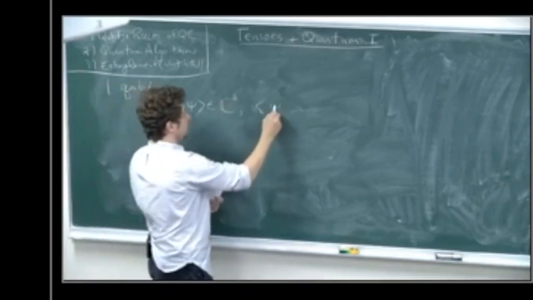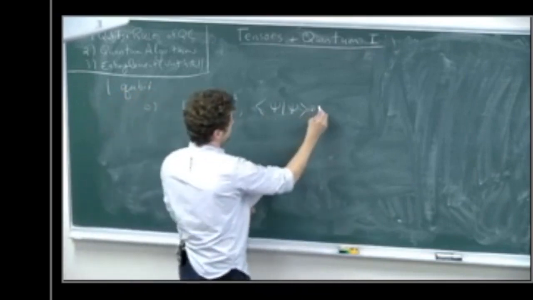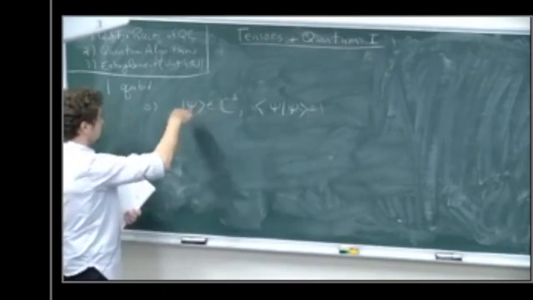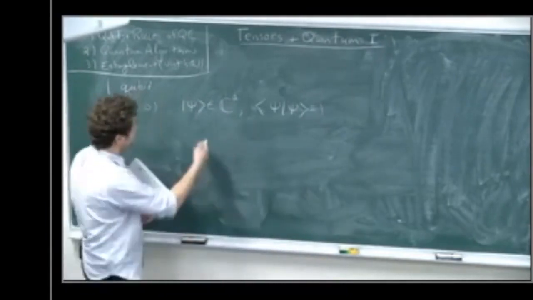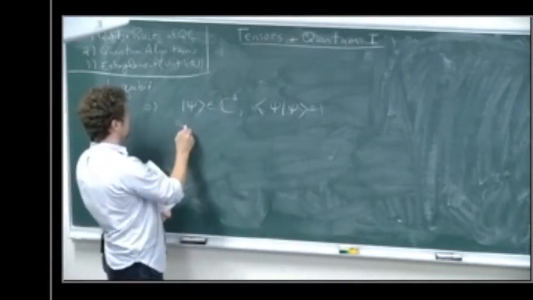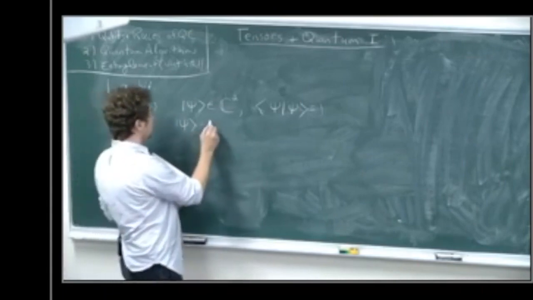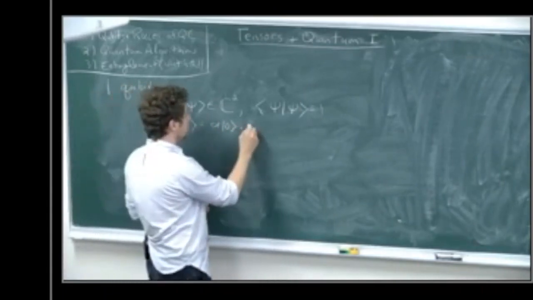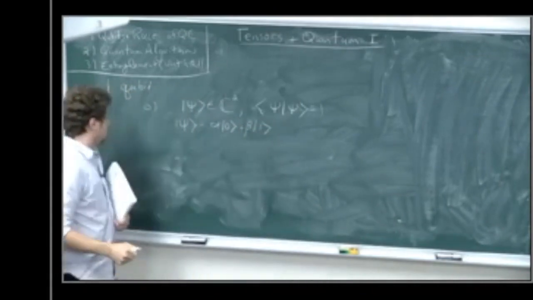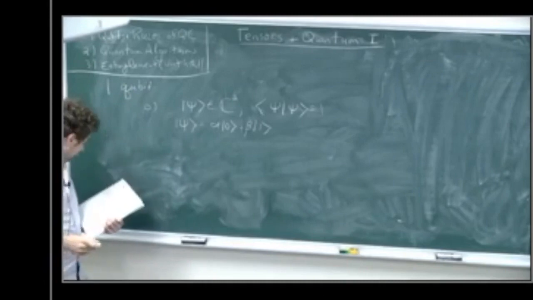I'm writing it in this annoying-to-mathematicians but useful-to-physicists way of kets and bras. This just means it's normalized. I have some basis, and I'm going to call my orthogonal basis vectors 0 and 1, so an arbitrary state will be alpha 0 plus beta 1. That's the full state of my 1 qubit quantum computer.